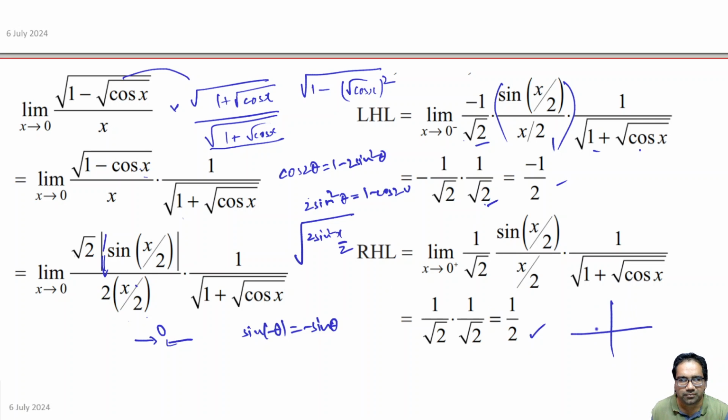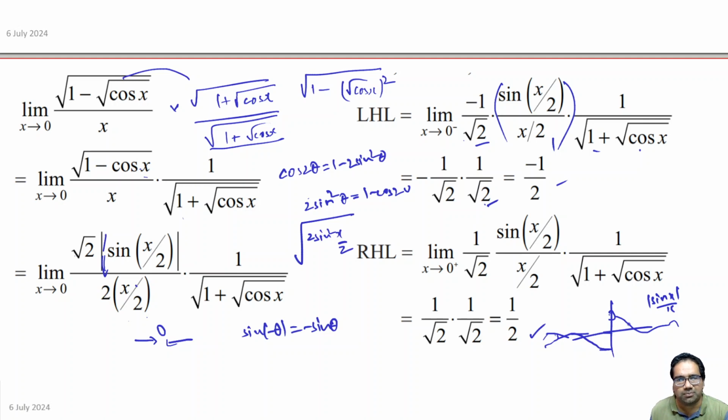The graph of sine x by x will look something like this, approaching 1. But when you put the absolute value of x, the left side graph will not approach 1. It will approach minus 1.